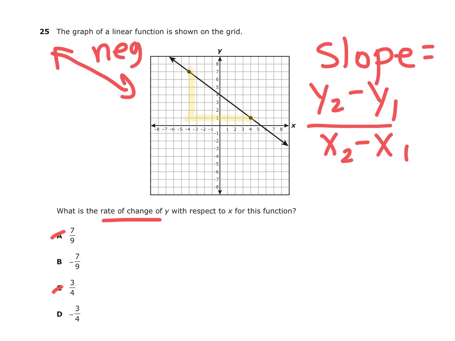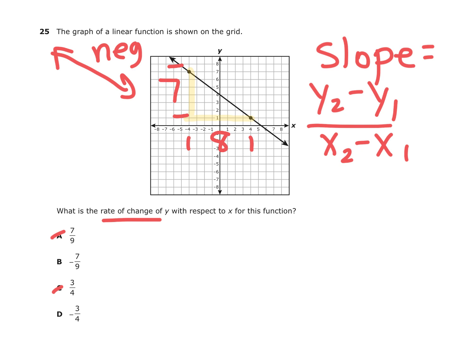If we do it that way, from 4 to negative 4, this looks like 8. So you're going from 4 to negative 4. So really what we're doing is we're subtracting the x values from negative 4 to 4. This is 8. And then for the y values, we're going from 1 to 7. So this is 7.